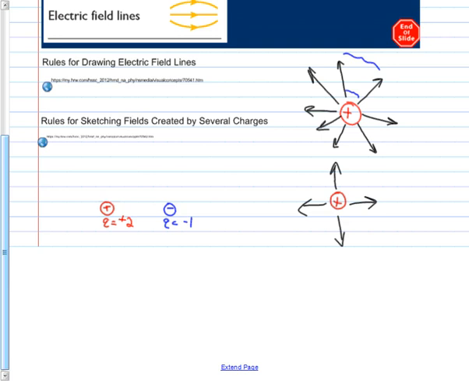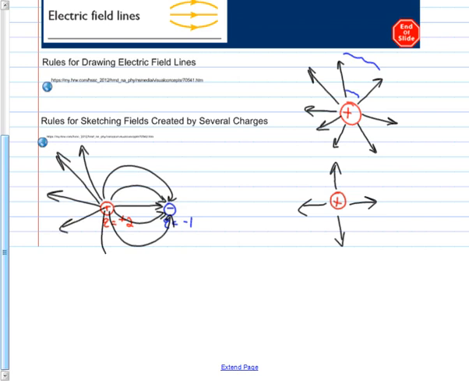If I wanted to draw my lines, I'm going to have 1 that leaves, 2, 3, 4, 5, 6, 7, 8, 9, 10. I've got twice as many leaving the red one as are arriving at the blue one. That's as easy as it is.